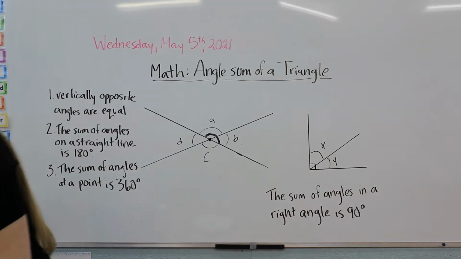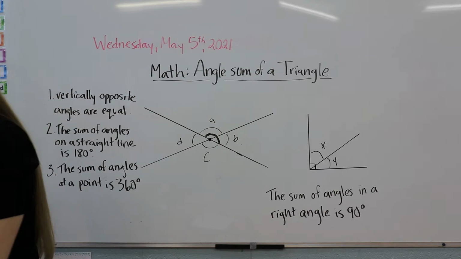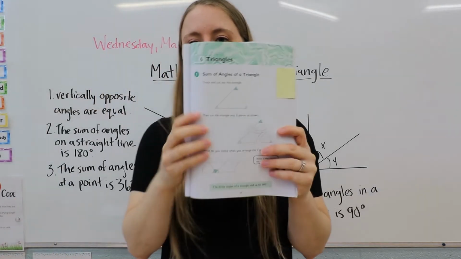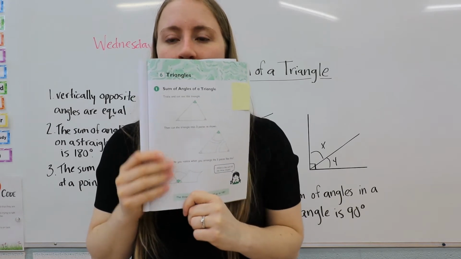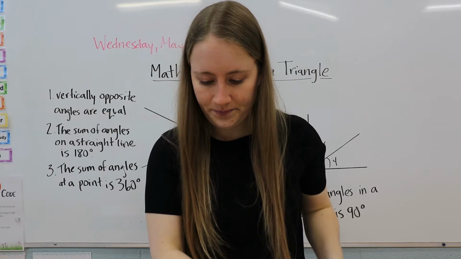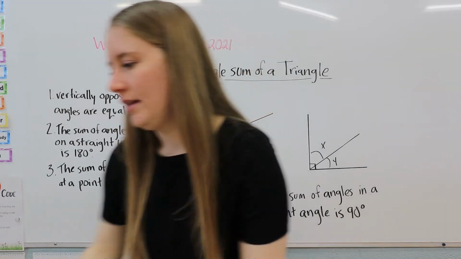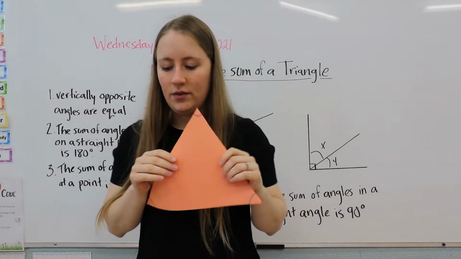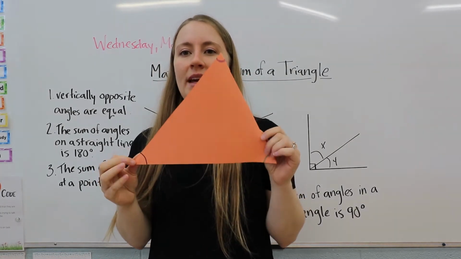So if you can grab your textbook, we're going to turn to page 57, okay? So we have this helpful little diagram here. Okay, so I want you to pull that open. Because you'll see that what we're doing is making a triangle, okay?